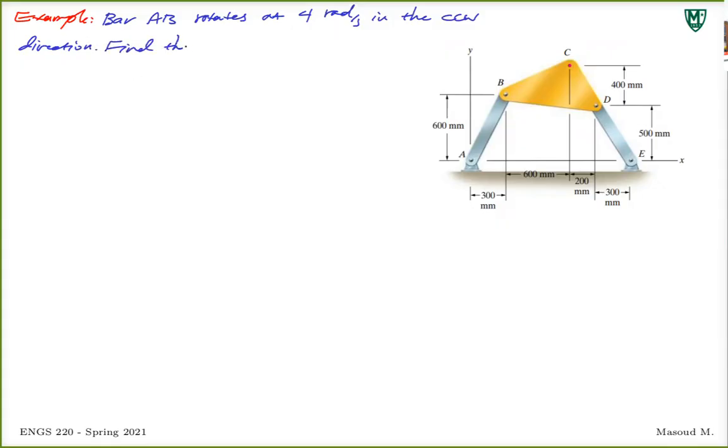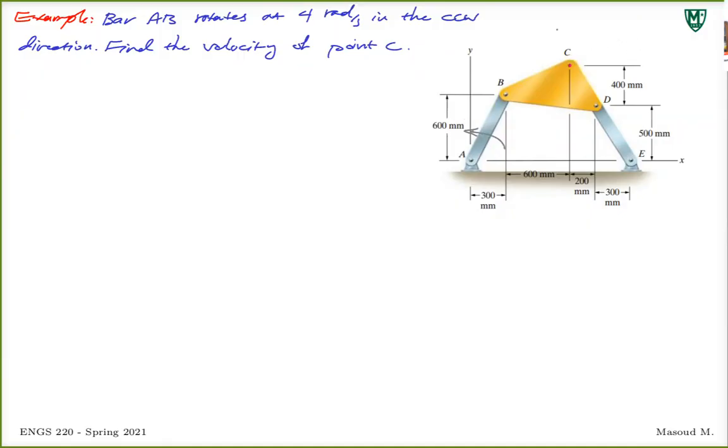Find the velocity of point C. All right, this is point C. We know AB is rotating counterclockwise, which basically means it's going in this direction. This is the direction it's rotating.